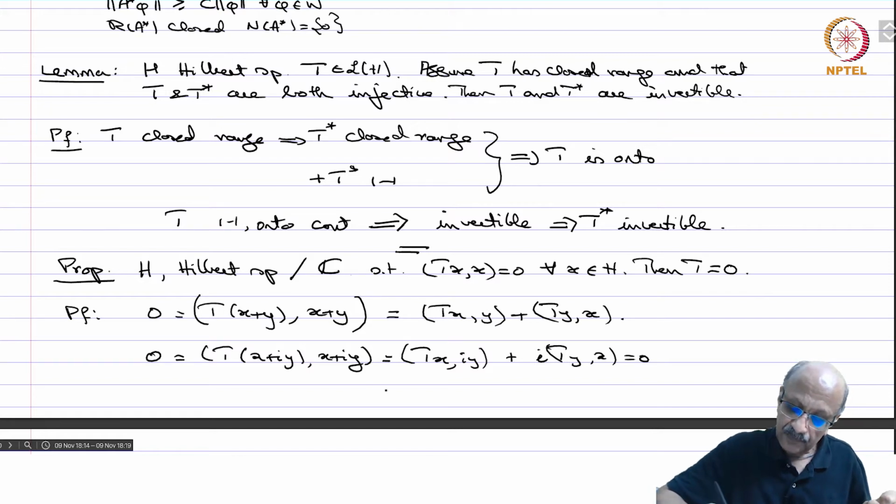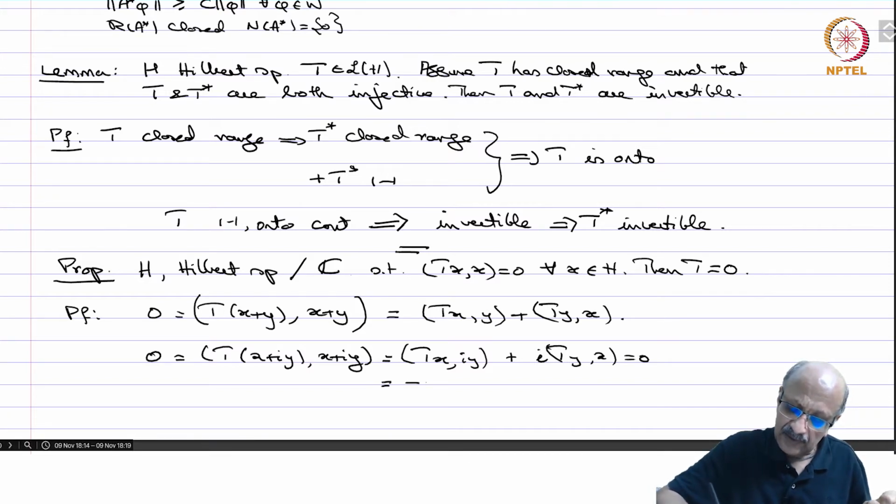Now this is equal to minus i, because i should come out as a conjugate. So you have minus i <Tx,y> plus i <Ty,x> equal to 0.